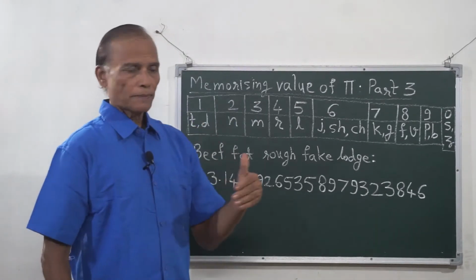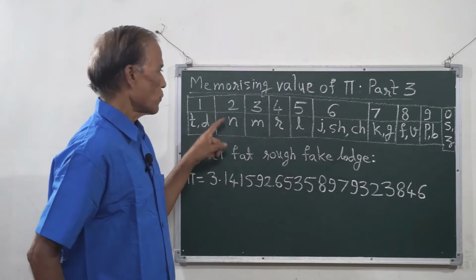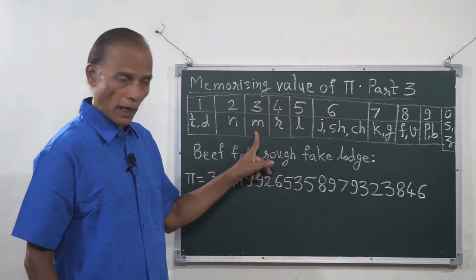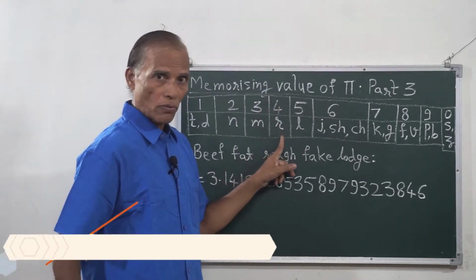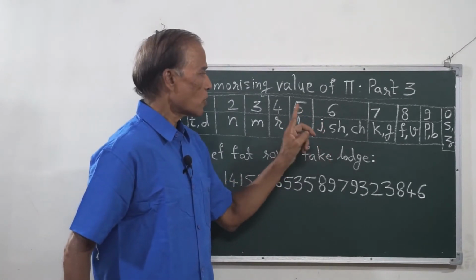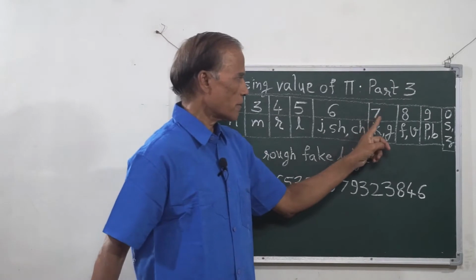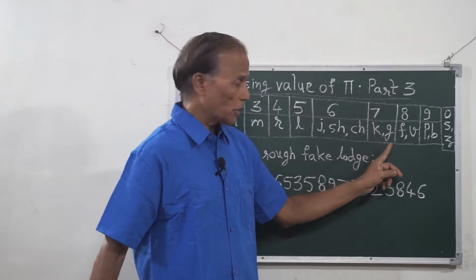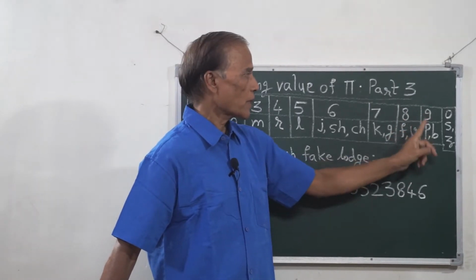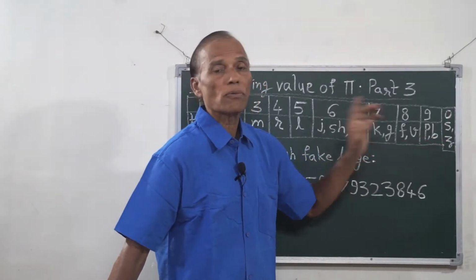Then for 2, we use the sound of N. For 3, the sound of M. For 4, sound of R. For 5, sound of L. For 6, sound of either J, SH or CH. For 7, we use sound of K or G. For 8, we use sound of F or V. For 9, sound of P or B, and for 0, we use sound of S or Z.